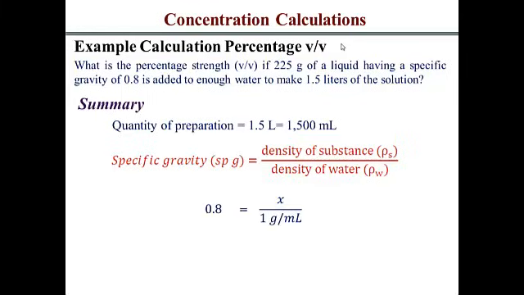So we know specific gravity is given as density of the substance divided by density of water. Our specific gravity is 0.8 in this particular case. And then we know that the density of water is 1 gram per milliliter. So we can determine what the density of the substance is.